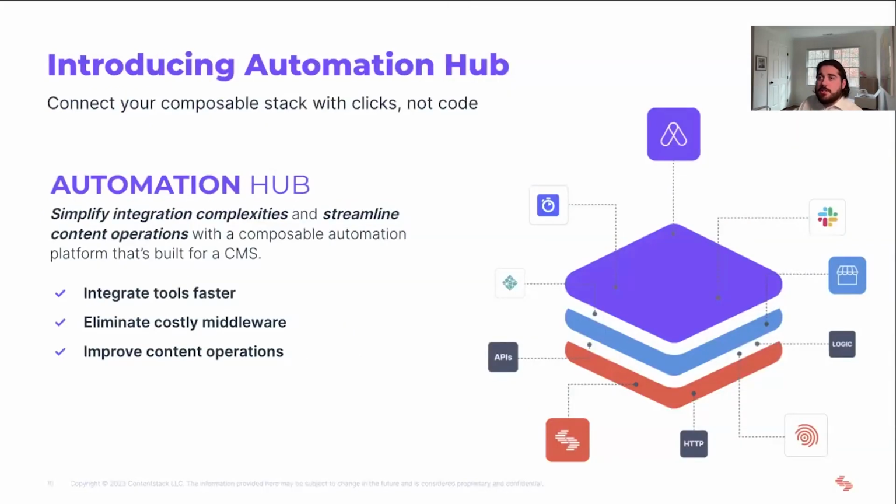So Automation Hub, this is really cool, right? What we hear from customers that are used to headless CMS implementations is that one of the big pain points is that with competitive solutions, there's a lot of assembly required. One really cool thing about Contentstack is our offering called Automation Hub. Think of it like a visual workflow builder.